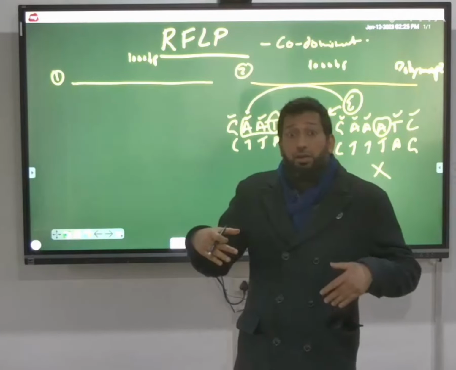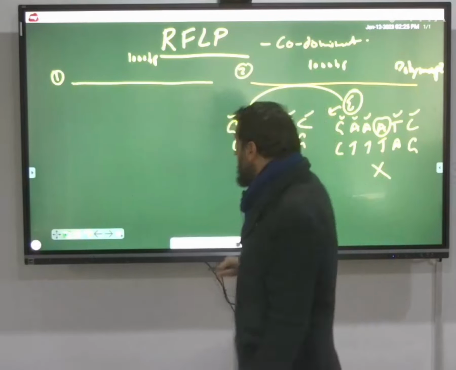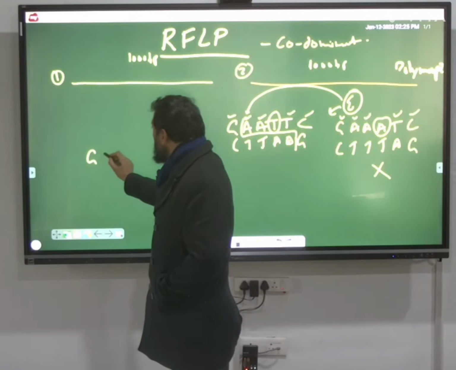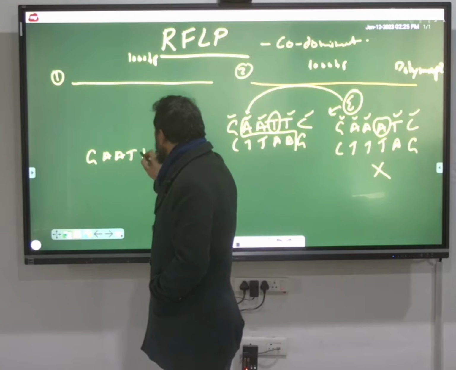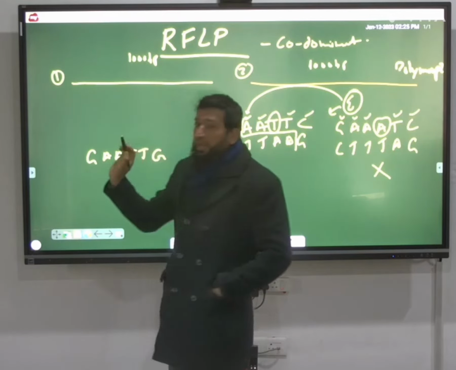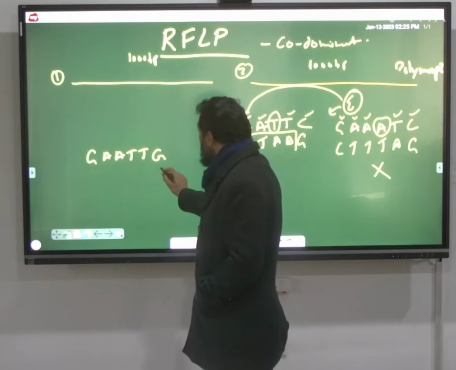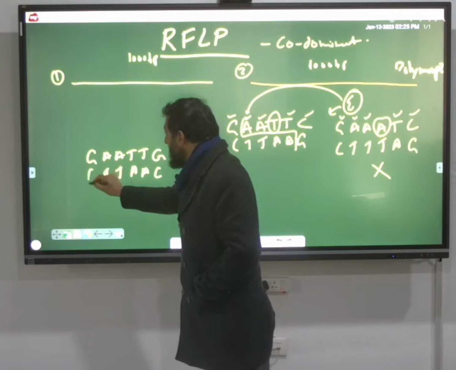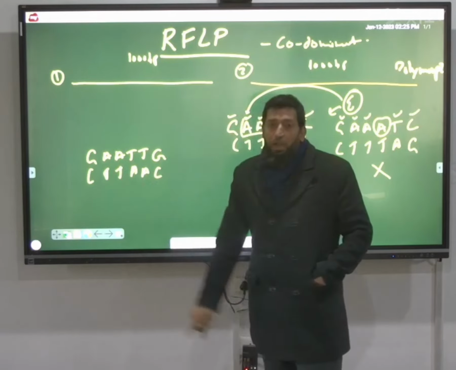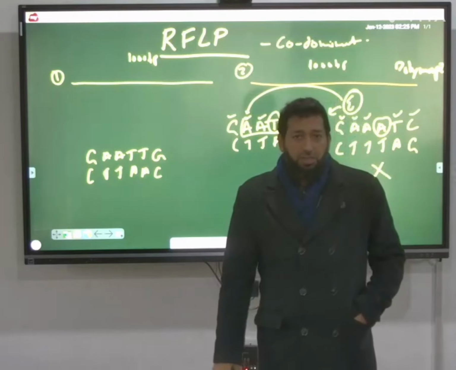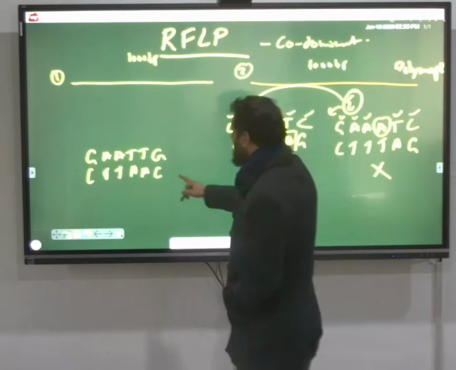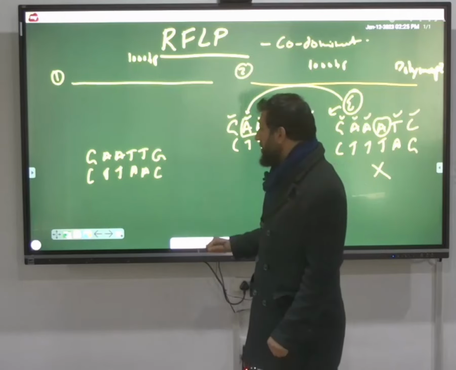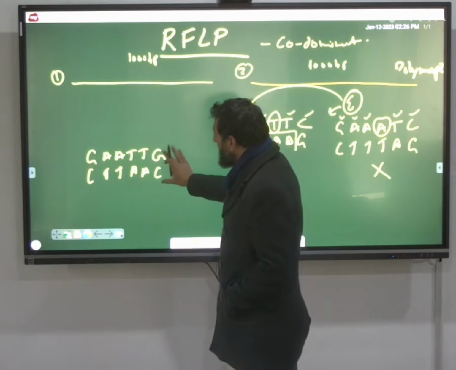Or the inverse can happen. For example, in this DNA you have a site GAATTG, for example. And you know that this is the complementary strand, and you know that this is not the recognition sequence of your restriction enzyme, and EcoR1 will not cut here.